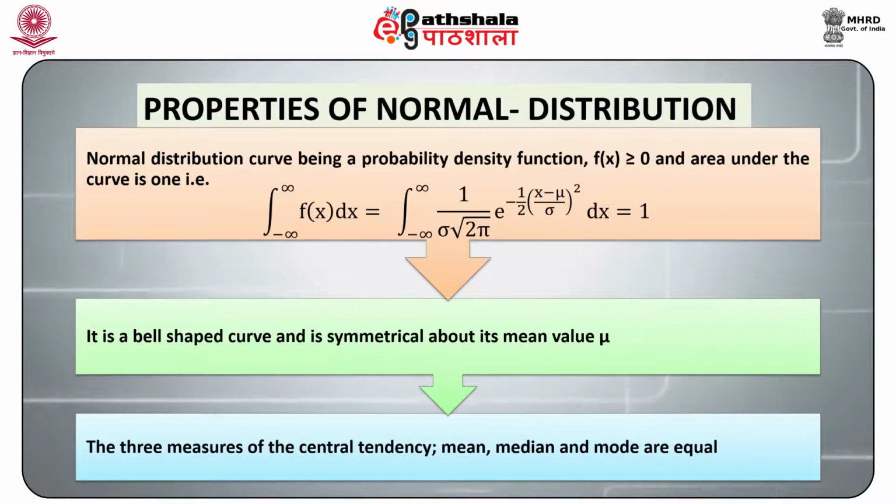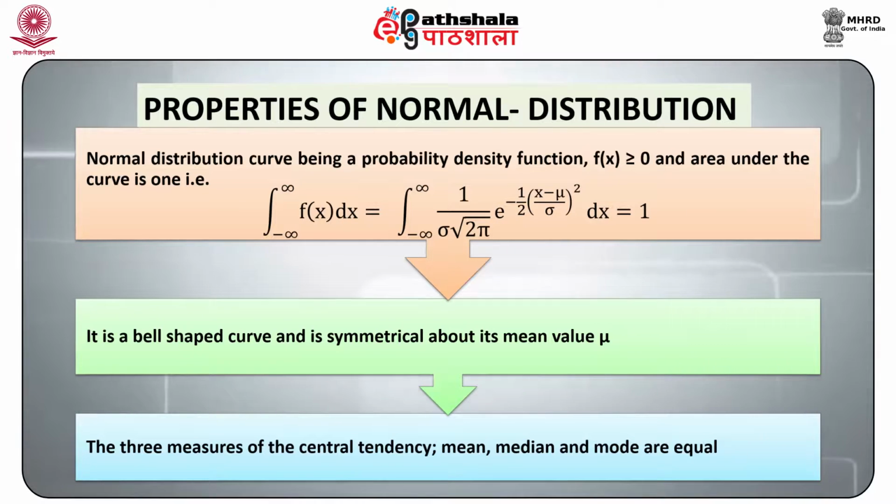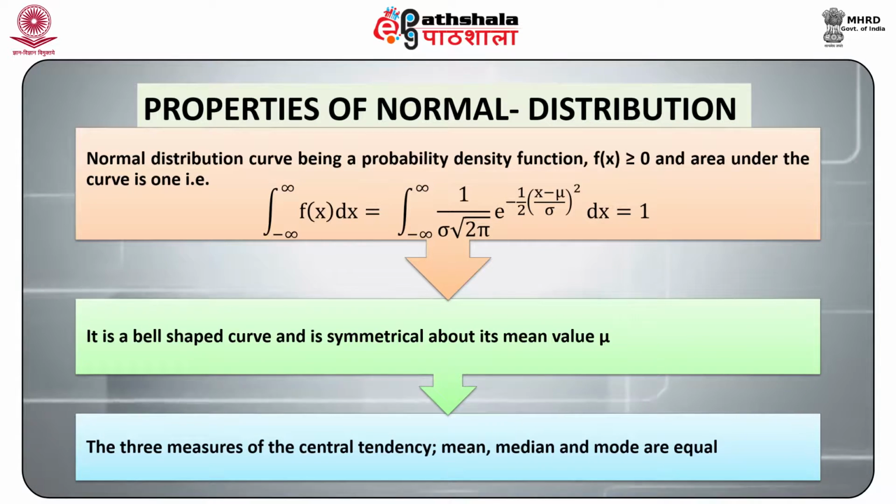It is a bell-shaped curve and is symmetrical about its mean value mu. This implies the area on both sides of mu is 0.5, that is, P(x greater than or equal to mu) is equal to P(x less than or equal to mu) is equal to 0.5.